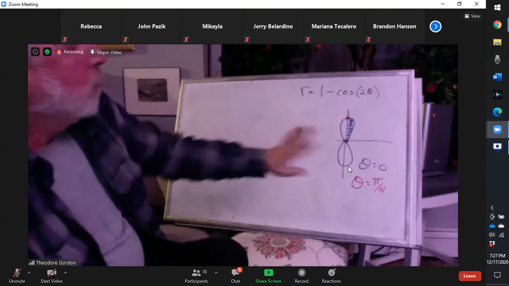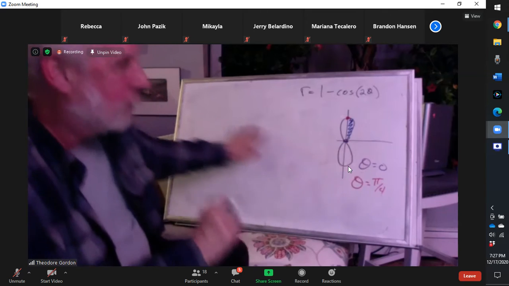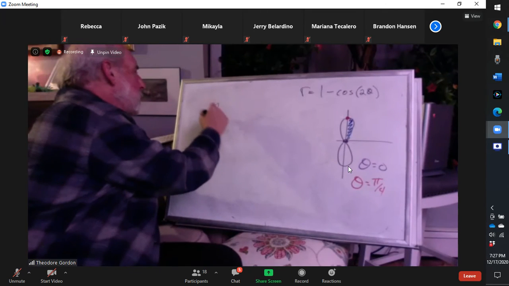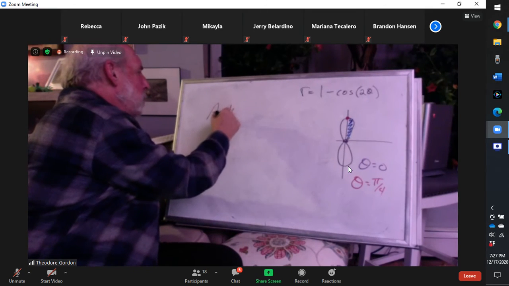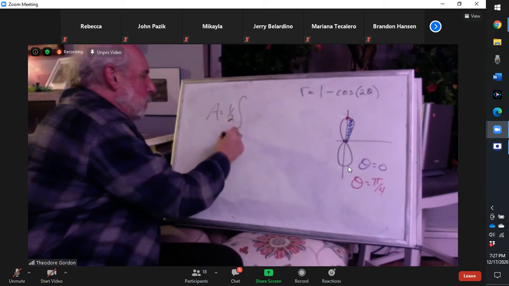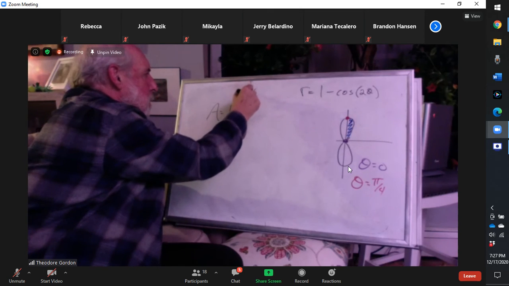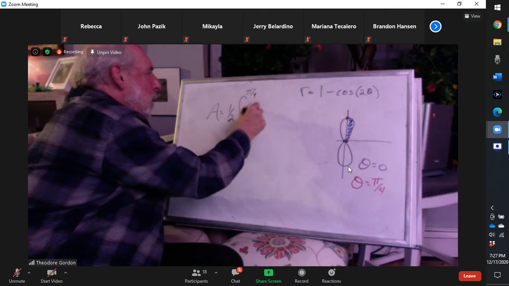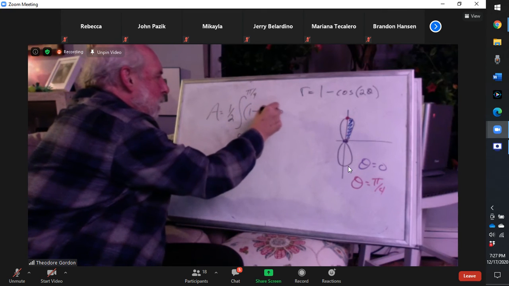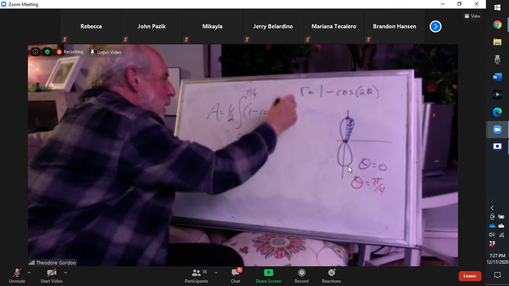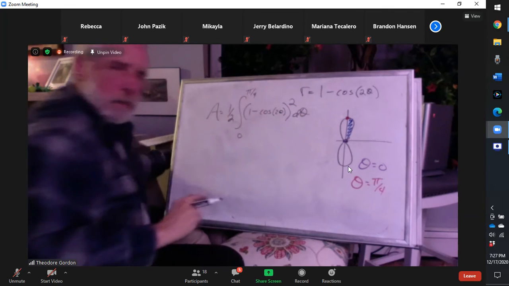Okay, so final thing, I'm just going to get you started on this. So the area is 1/2 integral from 0 to pi over 4 of (1 minus cosine of 2 theta) that whole thing squared, d theta.